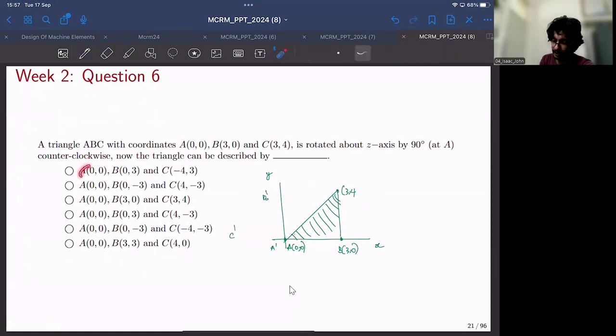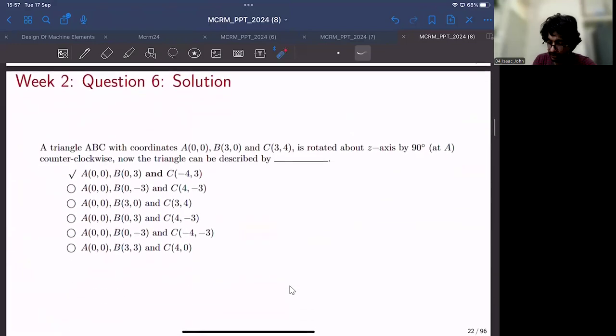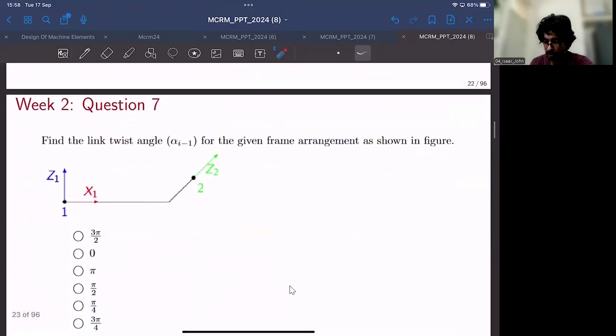From there, you will be able to get the correct answer after you have done the transformation. So yeah, that's about it. We won't solve this, and the correct answer in that case would be option A itself. Okay, that was about week 2.